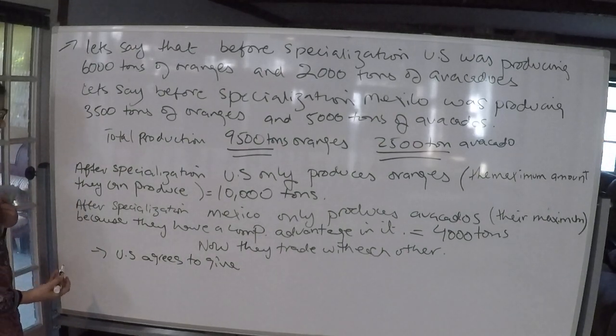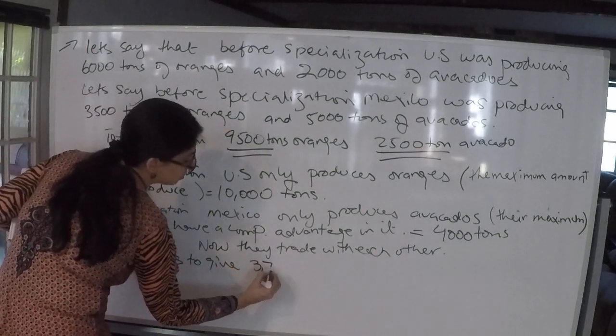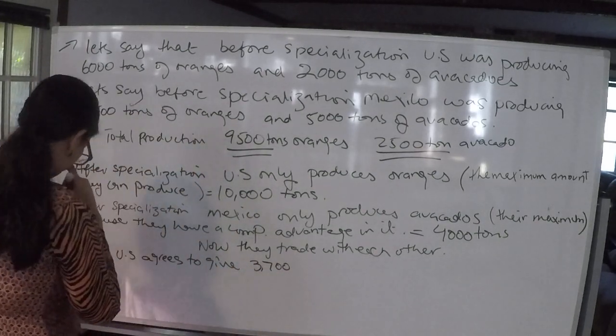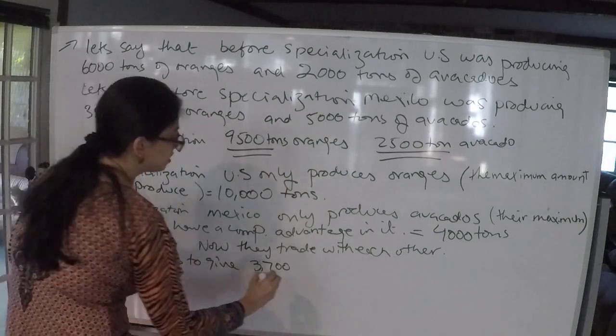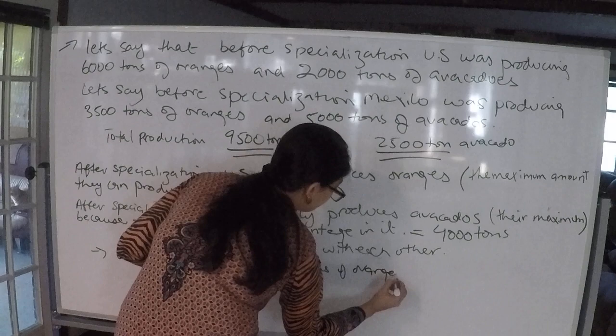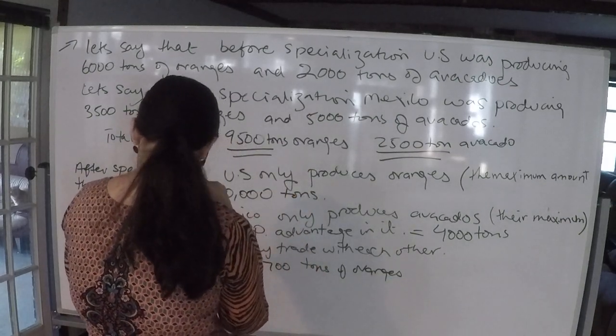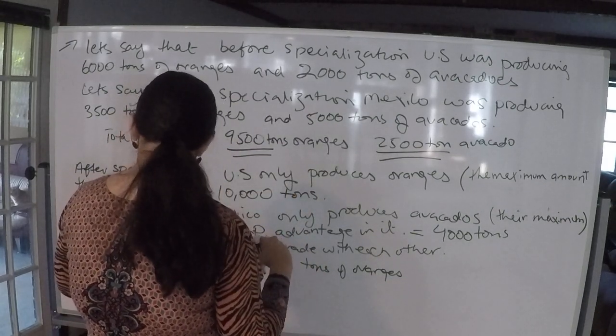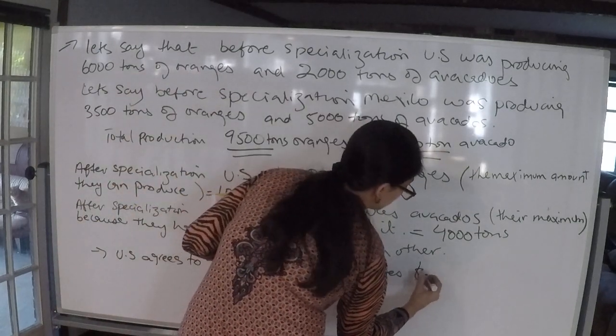US agrees to give 3,700 tons of oranges for 2,500 tons of avocados.